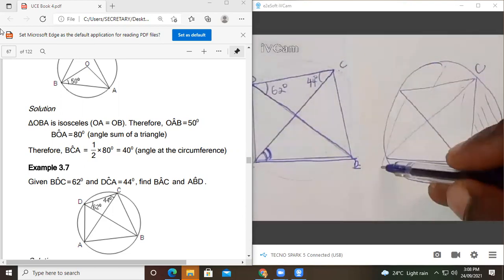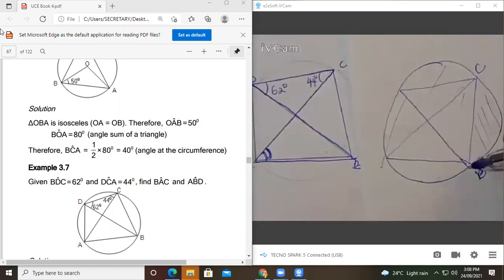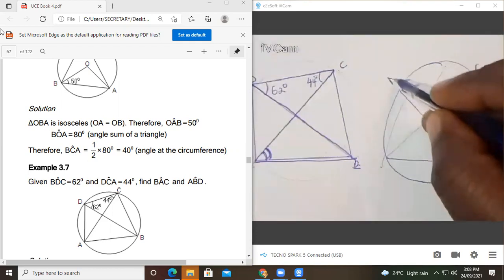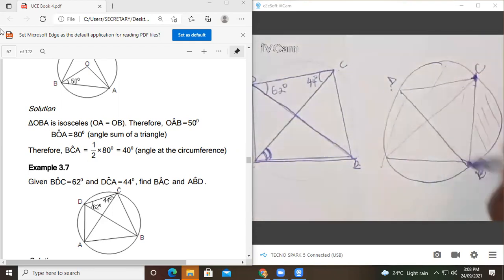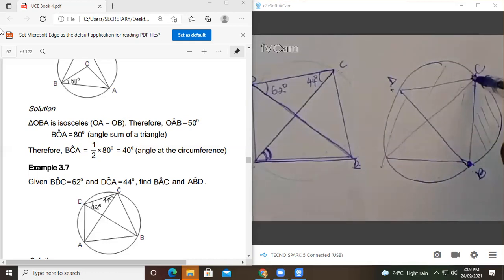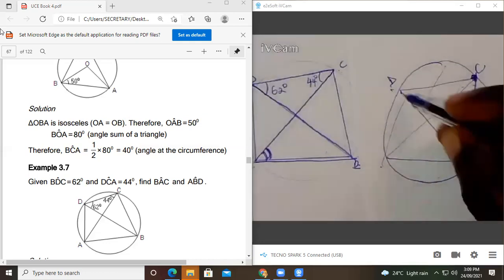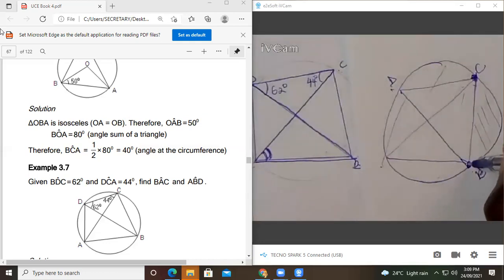Are we together? Now, there is a line that comes from where the chord ends, and this line comes from where the chord starts. So these lines are DC and DB. DC comes from where the chord ends, and DB comes from where the chord starts. And our chord is BC.